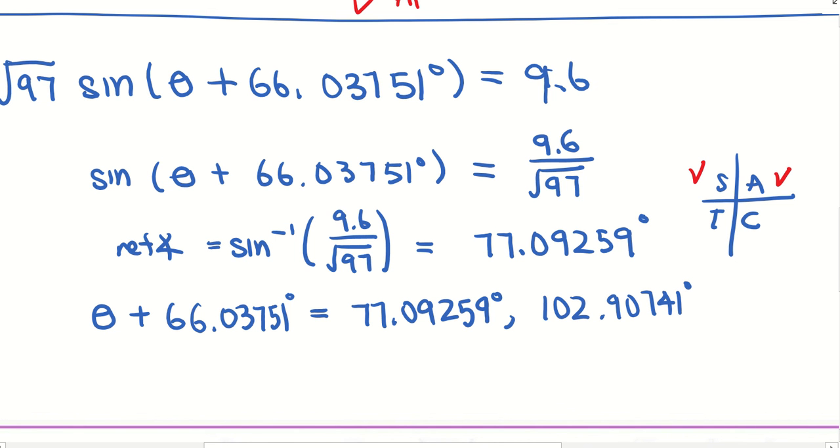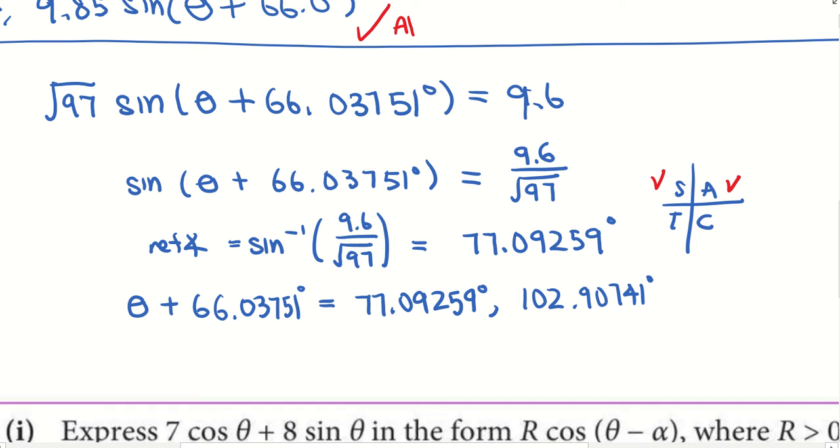So there are 2 possible answers, and this is just theta plus 66.03751. The last step, just minus off the 66. I will have theta, 2 possible answers. So these are my 2 answers.